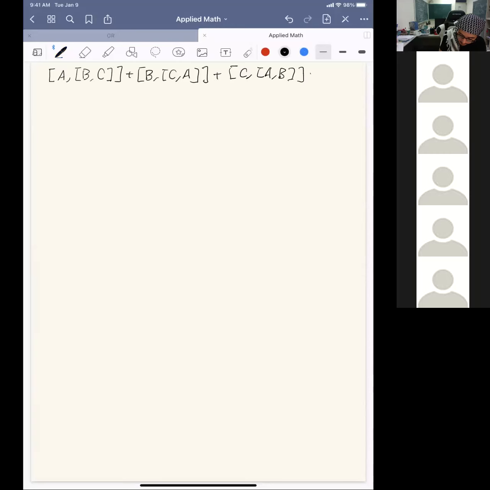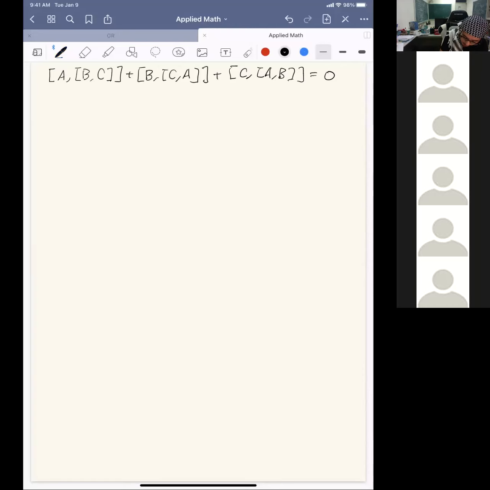So this is an identity. It doesn't matter what A, B, C are, as long as this is just the definition of your commutator. So if something is defined through a commutator, that thing had better satisfy this identity, because this identity is just a consequence of commutators.